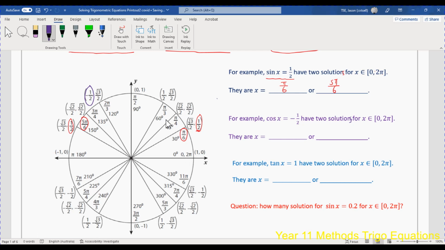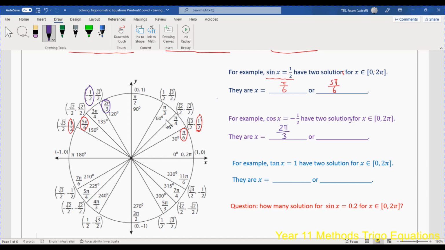But what's the angle? That negative half belongs to 120 degrees, or 2 pi over 3. So 2 pi over 3 is one of the solutions. Can we find another solution?